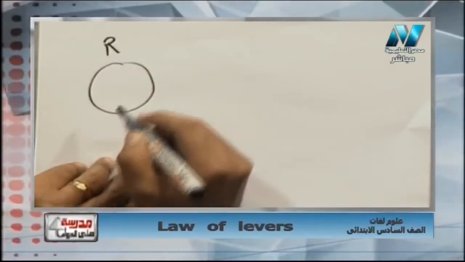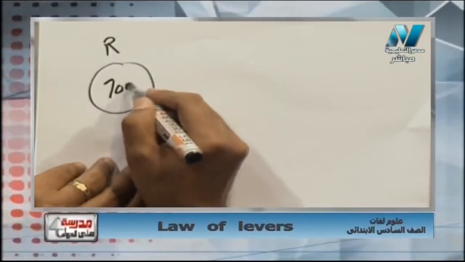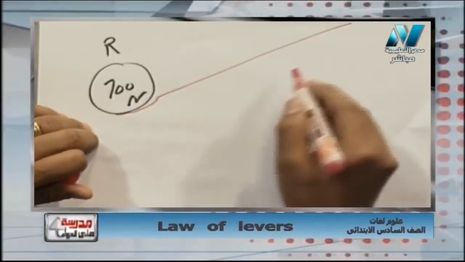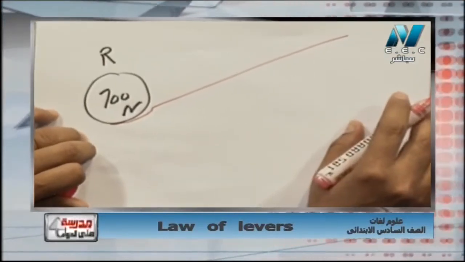Suppose I wanted to move this huge rock, and its weight, its resistance, is 700 Newton. So I need to use a crowbar.